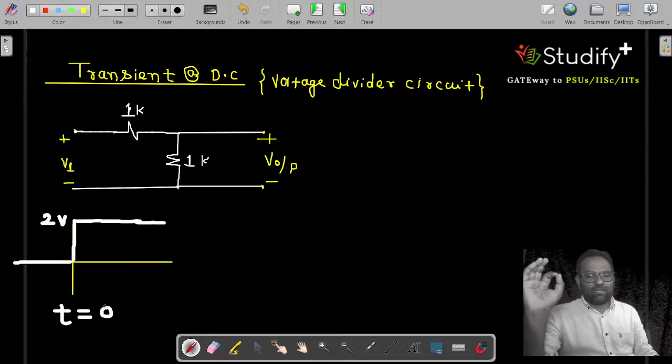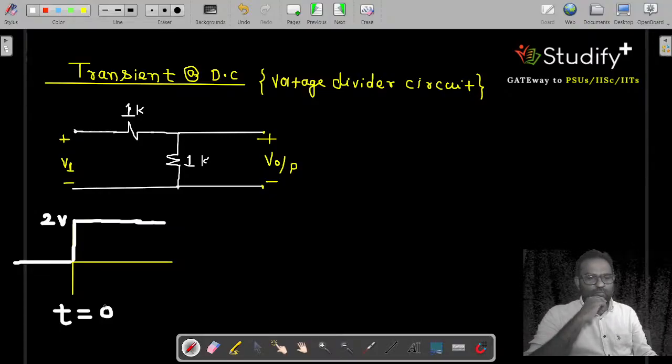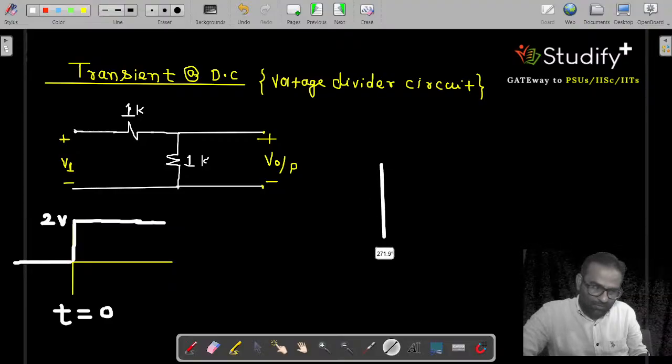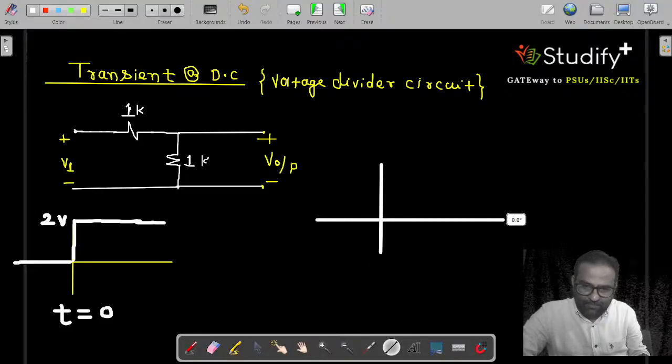Again, we know this is a potential divider circuit, so what is its output? If I draw the output waveform, it will look like this.